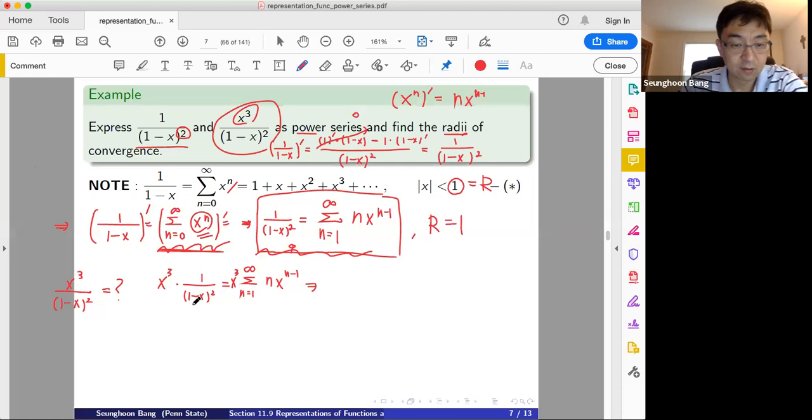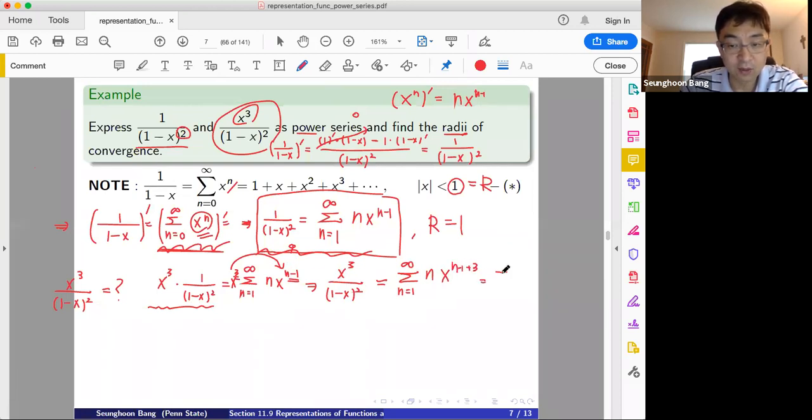So this side has x cubed over 1 minus x squared, equals, here x cubed goes inside: the summation n equals 1 to infinity of n times x to the n minus 1 plus 3. Only add the exponents, n minus 1 plus 3.